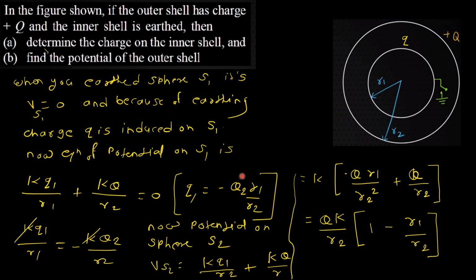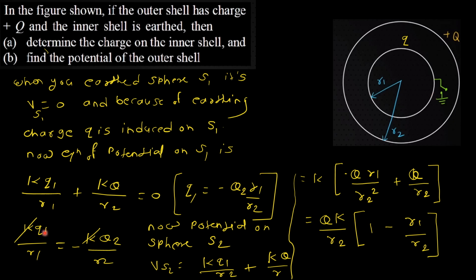So we can write this equation like, first of all, for the shell having radius r1, what is the potential equation? kq1/r1 + kq2/r2 = 0. Here the most important key point is that whenever you give earthing to this inner shell, its potential becomes 0.